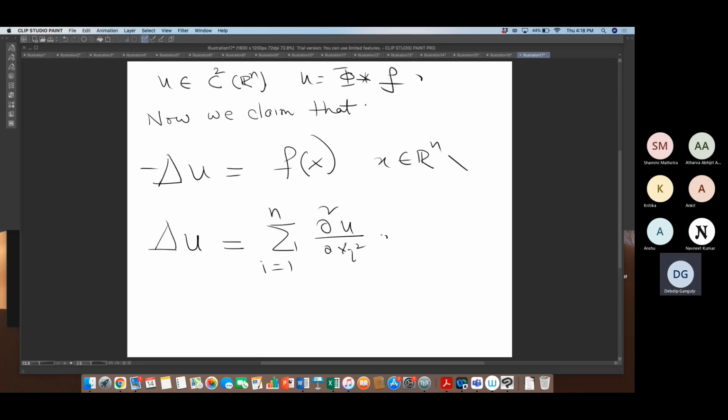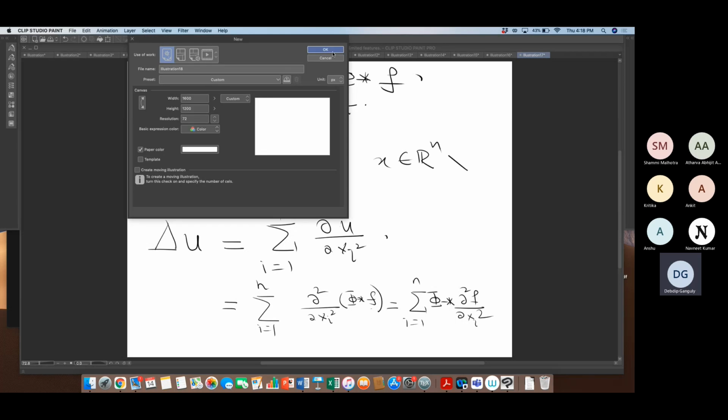In terms of convolution, what can I write? Tell me. u is phi convolution f. I know I can throw the derivative onto f. So this is the sum over i equal to 1 to n of phi convolution del square f by del xi square.